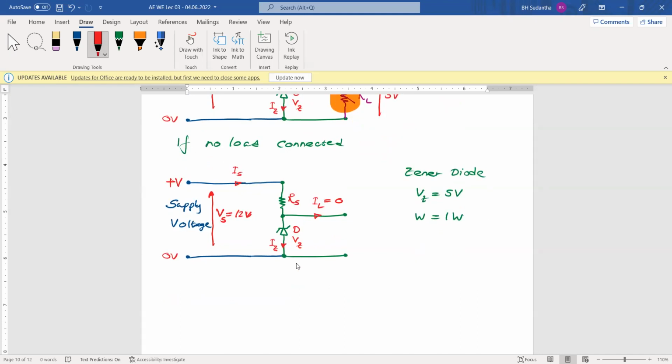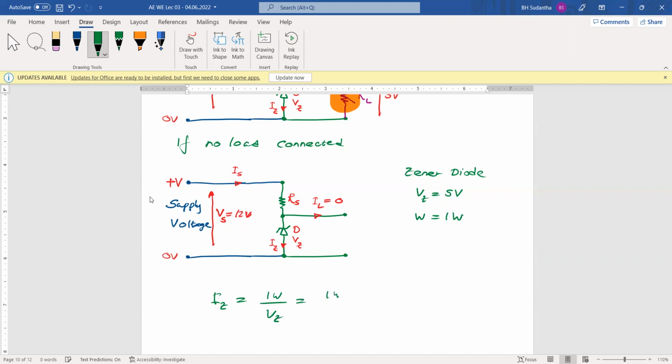But the Zener can handle only up to 1 watt, maintaining 5 volts across it. Then we have to find how much maximum current the Zener can handle. That's why we find this IZ value. This IZ value is 1 watt divided by VZ.